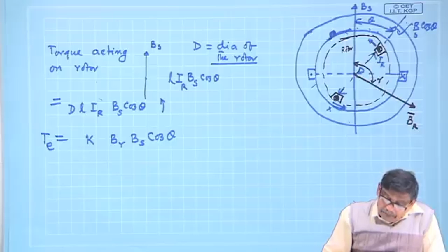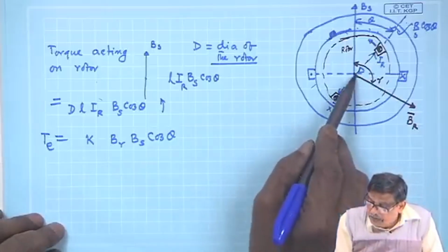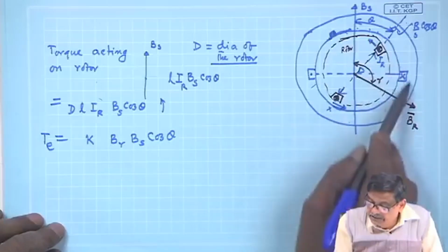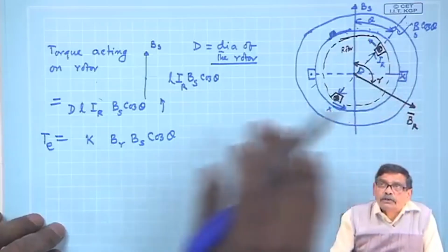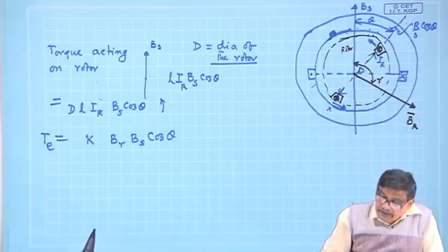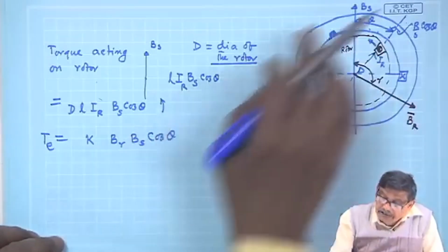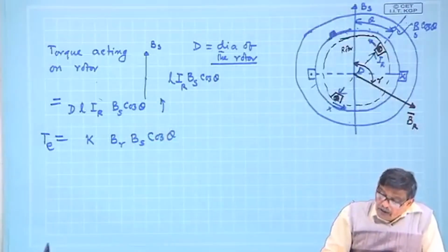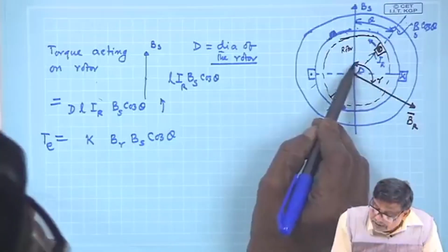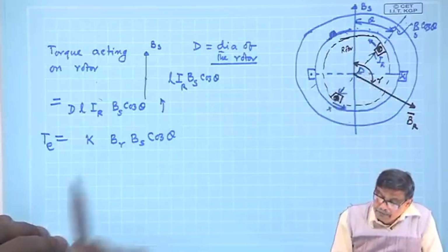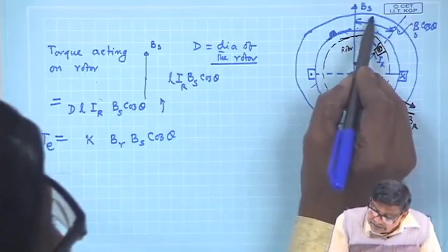What is Br? Br is the peak value of this sinusoidally distributed rotor flux density. What is Bs? The peak value of this one. Now, this angle is gamma, which I have just defined. And what is theta?